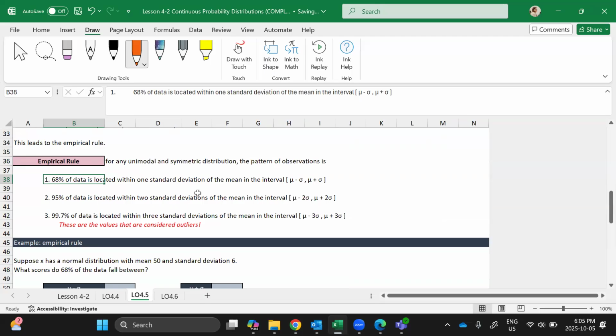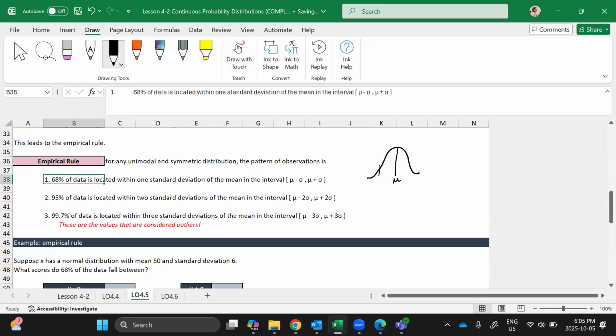Well, if I were to draw out a picture, just going to draw my curve. Here we go. If I were to draw out a picture, the mean's in the middle for the symmetric unimodal distribution.